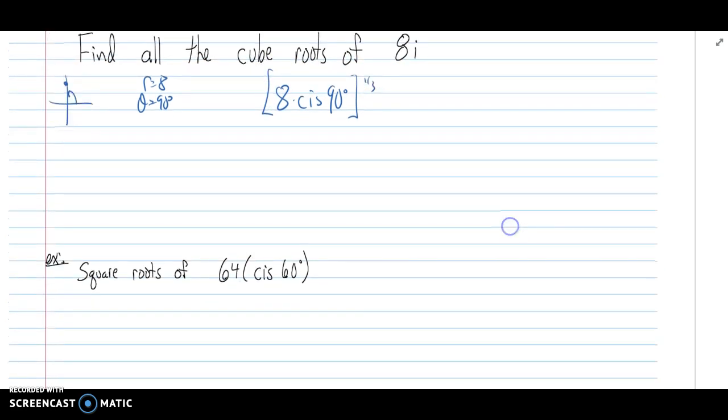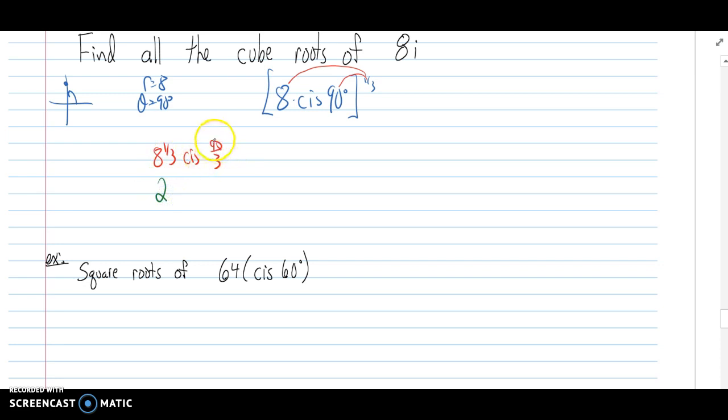Using that formula, what it means we need to do is 8 to the 1/3, and then also multiply 1/3 times 90, or 90 over 3. Simplifying this just a little bit, 8 to the 1/3, that means the cube root of 8, well, that's 2.